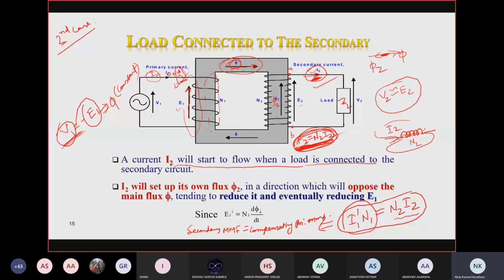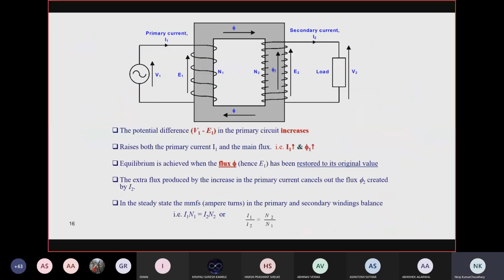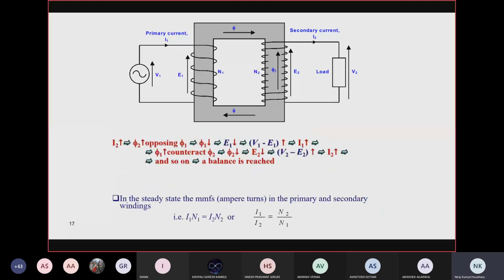So this is the complete working principle of a transformer operating at load condition, when load is connected. So the same thing is expressed through these slides. वही ऑपरेशन है, I1 इंक्रीज करेगा तो phi1 इंक्रीज करेगा, I have already discussed these things, ठीक है?